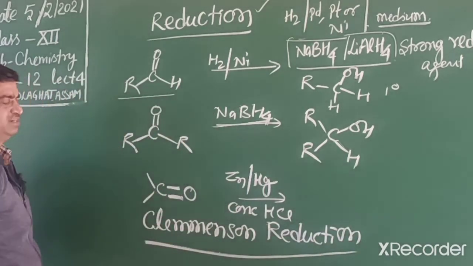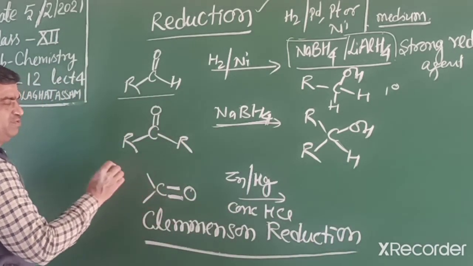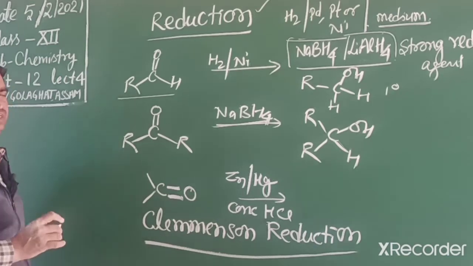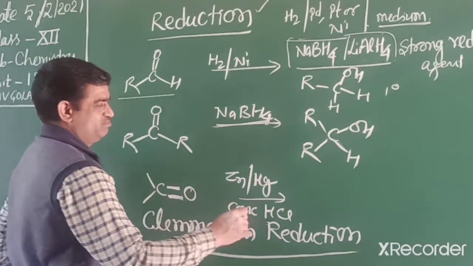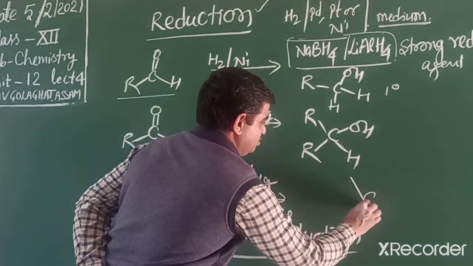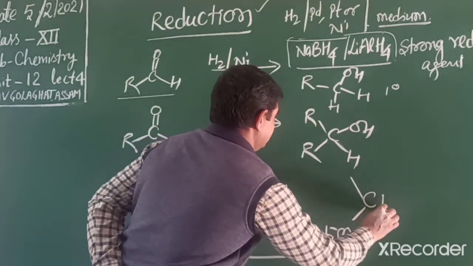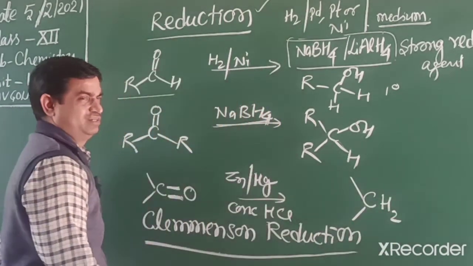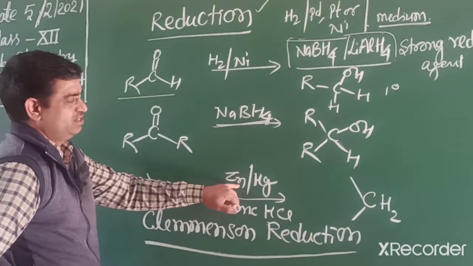By this reaction we can convert a carbonyl compound, either aldehyde or ketone, into a hydrocarbon, meaning the CO group changes into a CH2 group, using zinc amalgam.